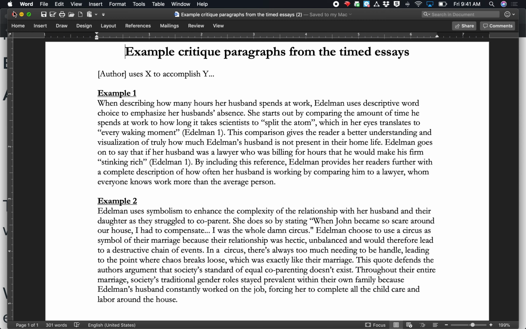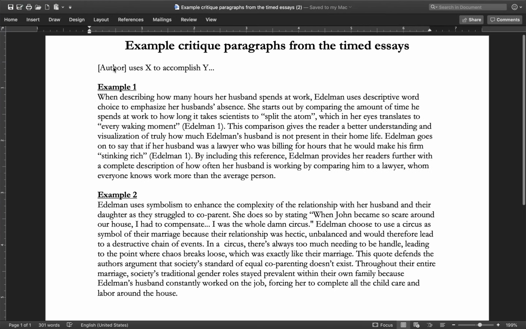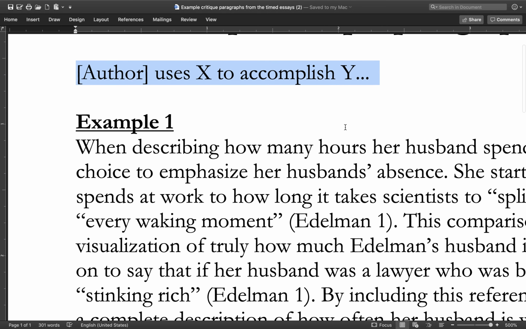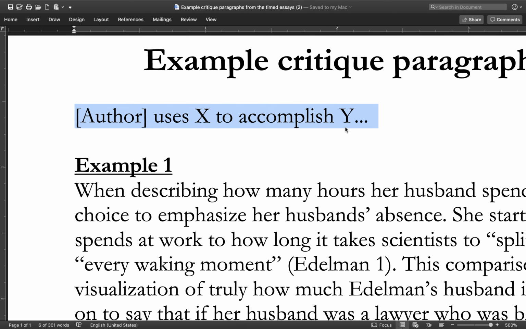All right. One piece of feedback that I've given multiple times is this one. Author uses X to accomplish Y. That's the sentence. That's the formula I want you to put into your brain as you write critique paragraphs and as you write your thesis statement. You need to say that the author uses whatever move to accomplish some goal.